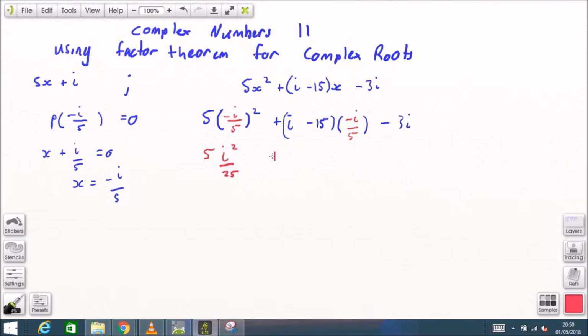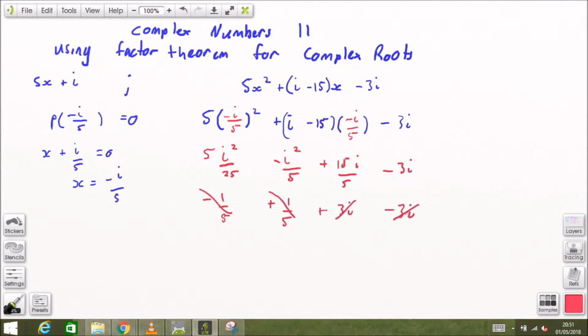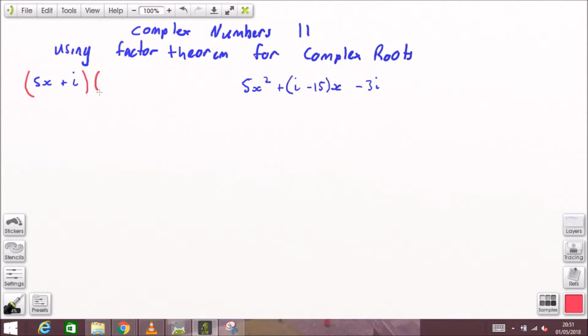That i squared will become a negative 1, so it'll be negative 5 over 25. Just expanding this bracket. This is all just algebra, but being careful with our negative signs. That will simplify. Negative 5 over 25 will simplify to negative 1 over 5. You can see a lot of like terms can cancel off and that equals 0. So we've proved using factor theorem that there is in fact a factor of this polynomial.